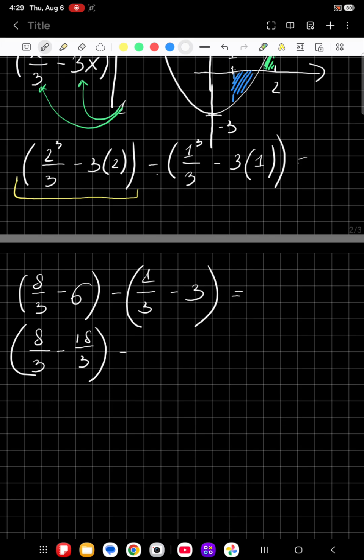and this is, what is that? So 1/3 minus 3. Let me do it slowly. Why not? So 1 over 3 minus 9 over 3. Finding a common denominator. So the first one is negative 10/3.